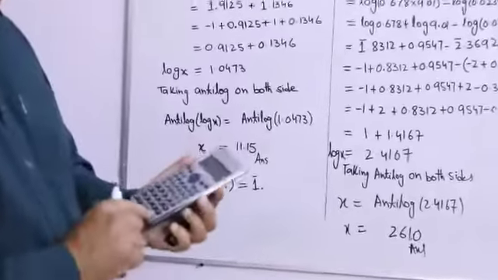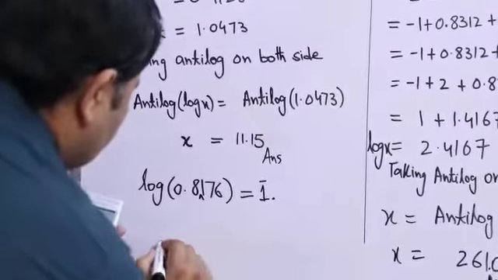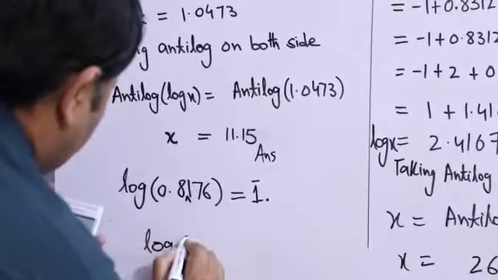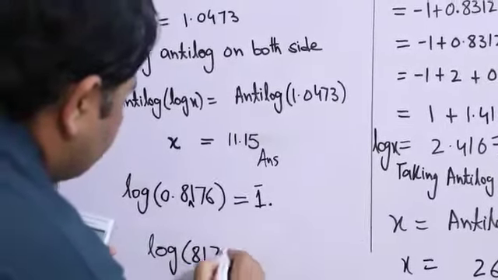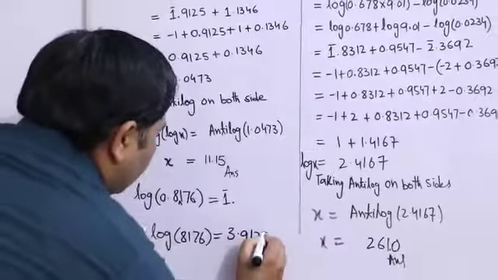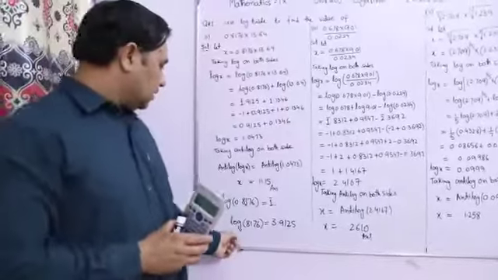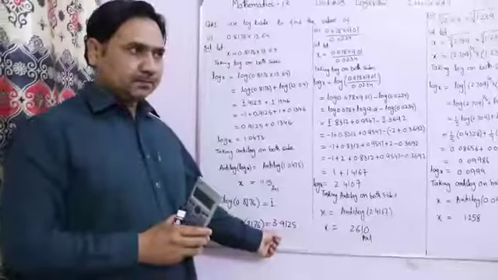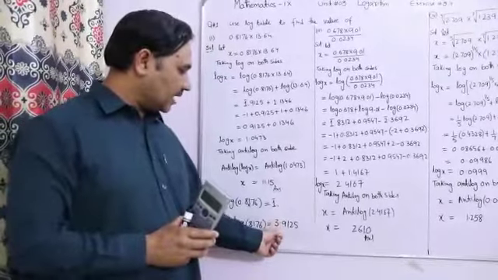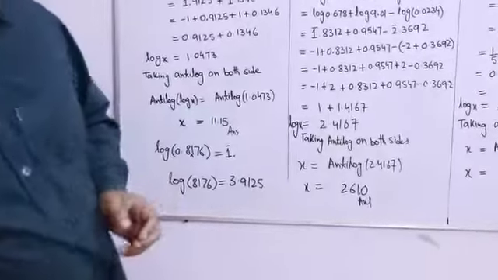When we write log of 8176 without the decimal point, this is 3.9125. This contains two parts: first the integral part, second the decimal part.